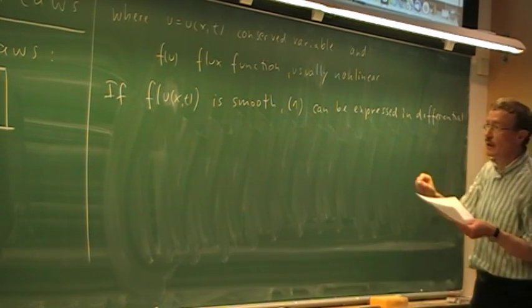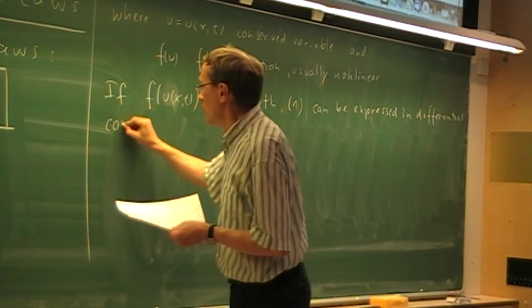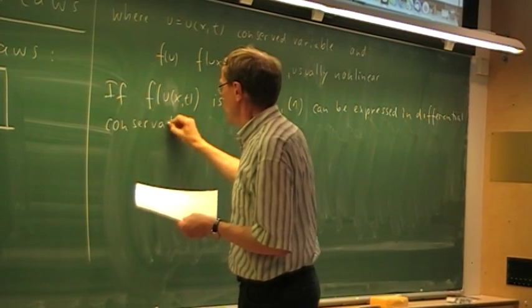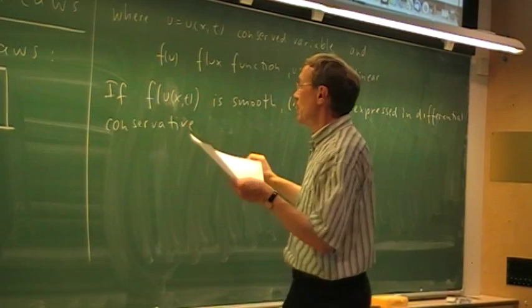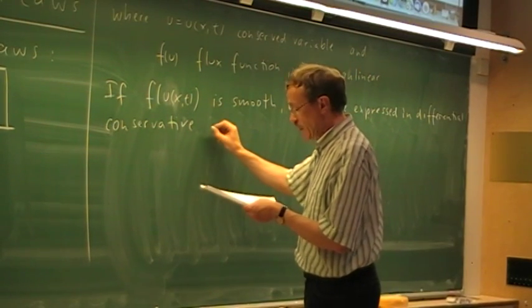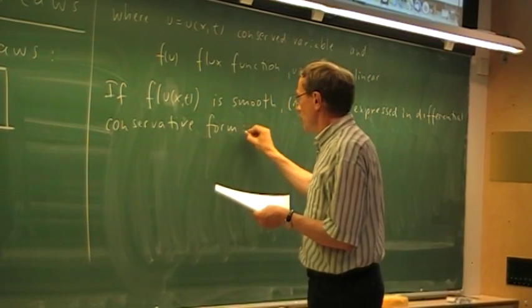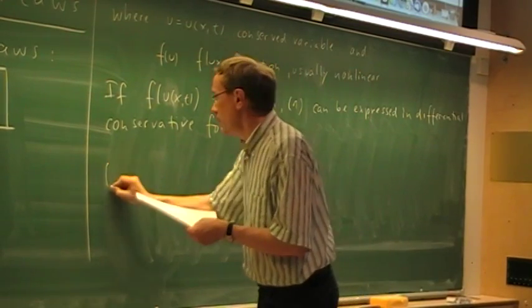And the form that we write now is called conservative, because the flux is appearing just as a derivative. Conservative form, and that is the following.